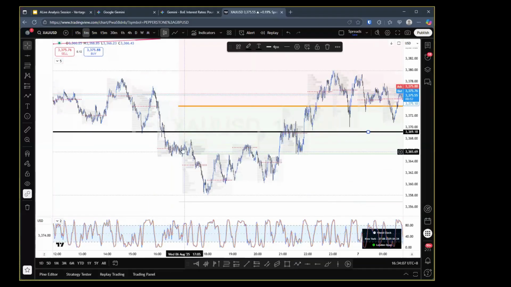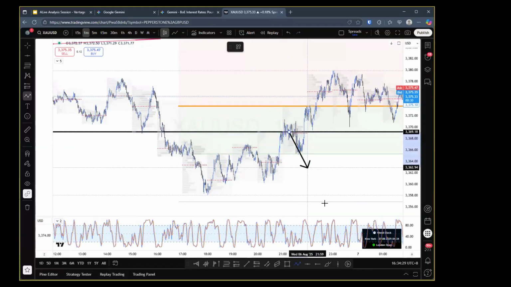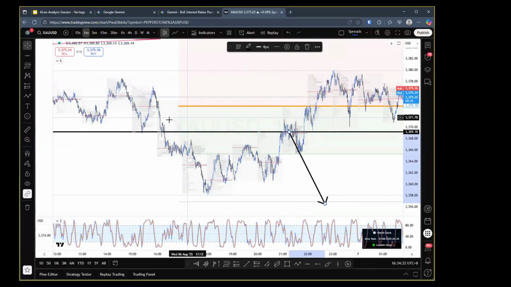So this was what I was talking about. You have this support here cut through, and as it comes up here, this becomes too obvious a sell area, which means that the entire market only has sellers. If it takes too long for it to break below the previous low, for it to do something like this, because if there are sufficient sellers here, it hits this point, it should move down.